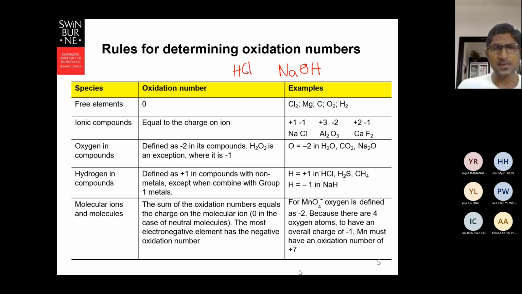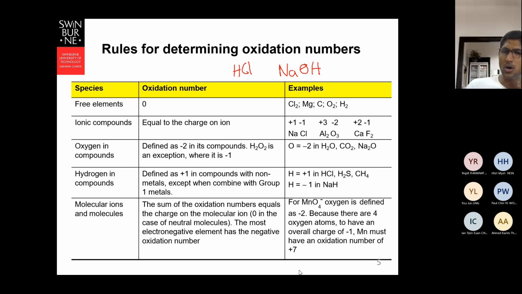On the periodic table, group 1 will carry a +1 charge. Group 2 carries a +2 charge, and so on. All the metals will have a positive charge. All the non-metals will have a negative charge. And then there are some definitive charges for some elements.